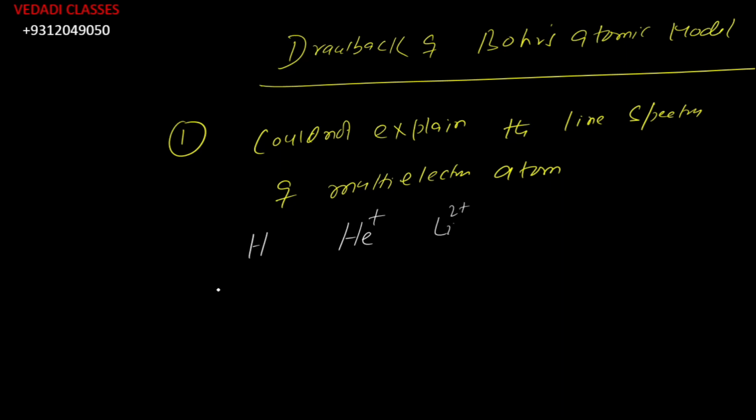Since all have one electron present, he only explained the line spectra of one-electron atoms, not multi-electron atoms. That's why his concept was considered a drawback.